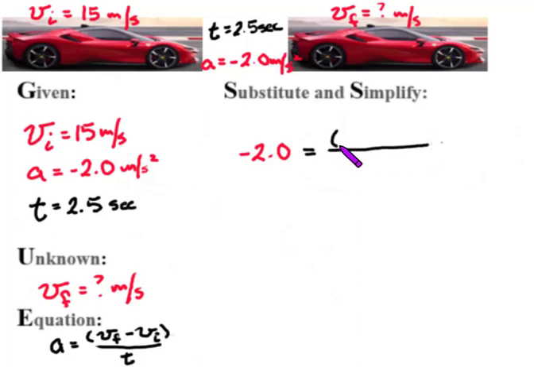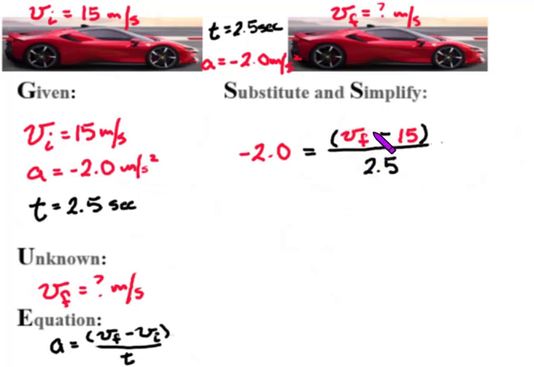And I don't know what velocity final is, so I'm just going to use that symbol. But from it, I'm going to subtract 15, because that's my velocity initial, over the quantity 2.5.